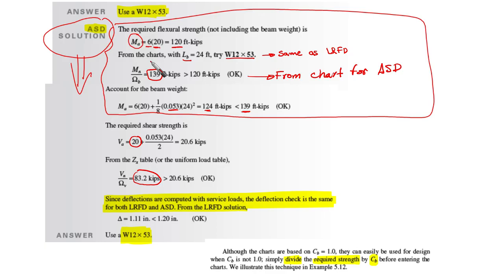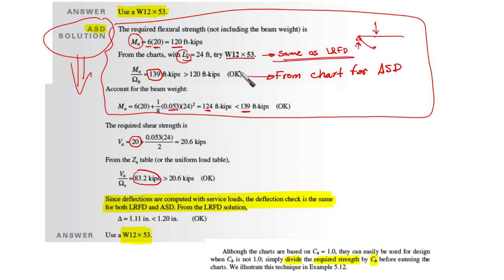It's service load. 6 is the distance from the reaction of the support, times 20, so we are getting the moment at this point. It is 120 from the charts with Lb equal to 24. Try W12 by 53, same as LRFD.